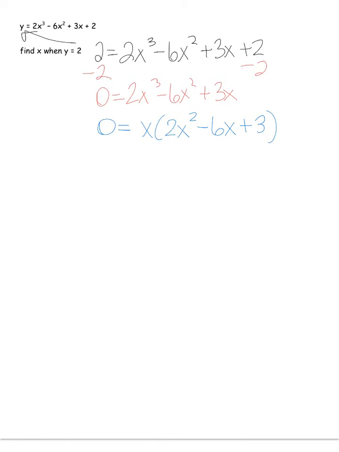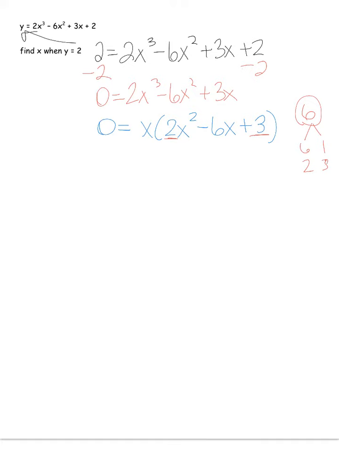Okay, so now I try to factor again. This is 3 pieces long. When I have 3 pieces, I try AC method. 2 times 3 is 6. I'm looking for things that multiply to 6 and add to negative 6 in the center there. So 6 and 1, 2 and 3.